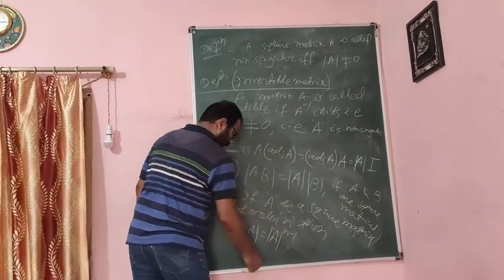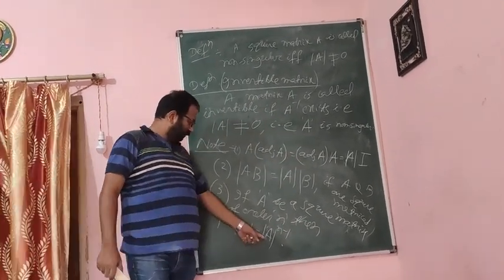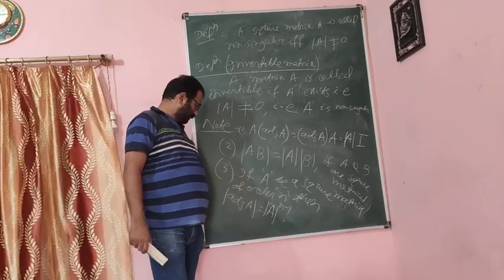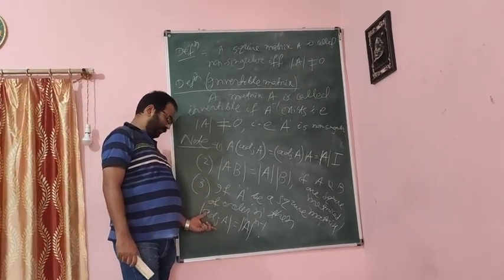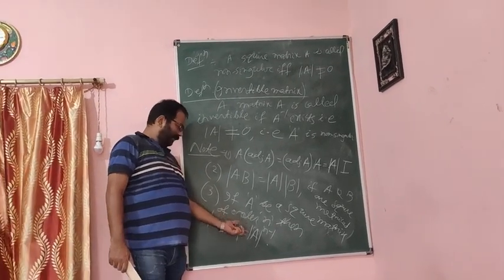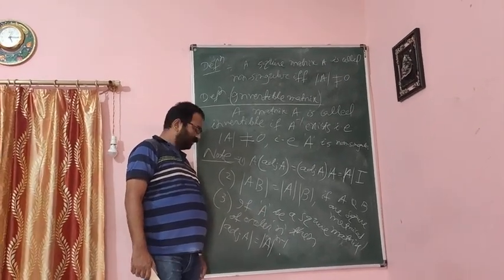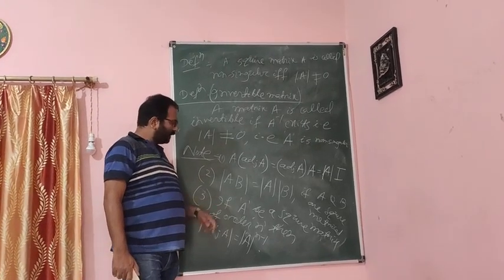This is very important, and a sub-question may ask it. If the determinant of A is given and its order is given, then we can find the determinant of its adjoint. So the determinant of the adjoint of A is the determinant of A whole to the power n minus 1. This is an important formula.